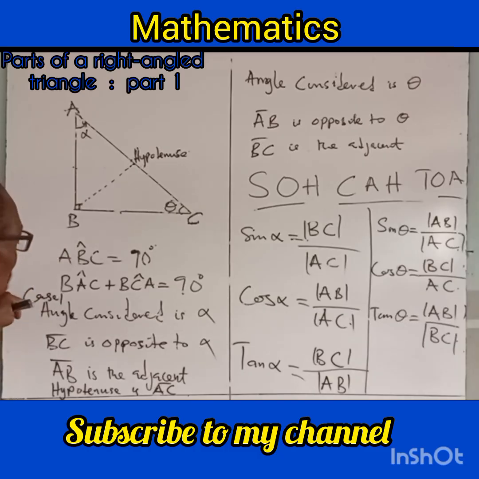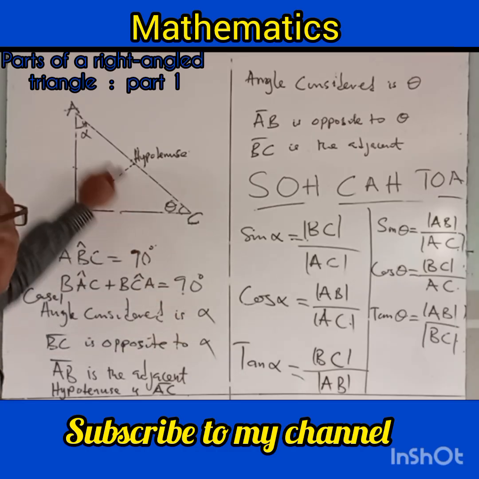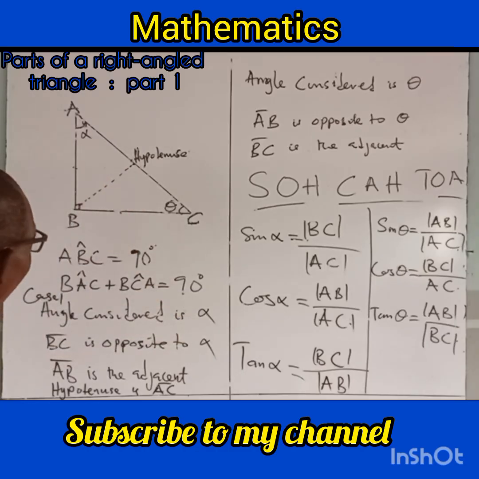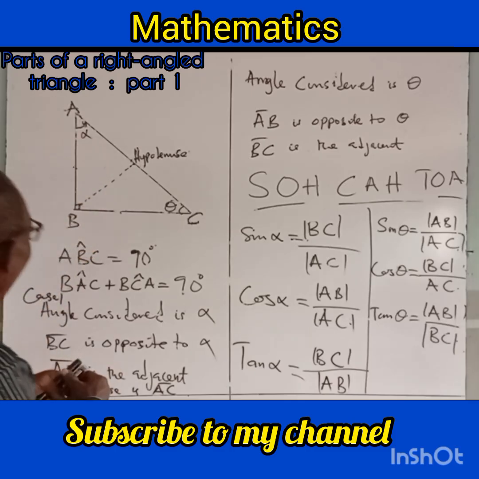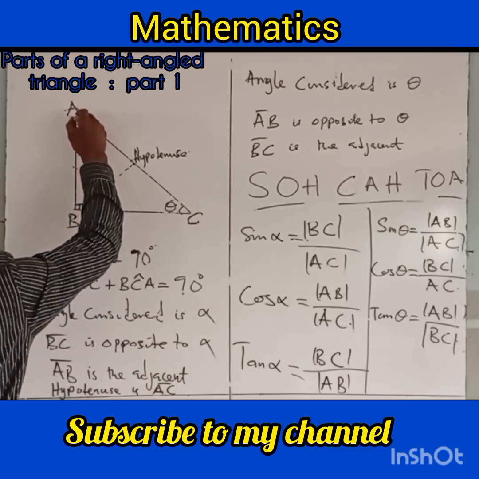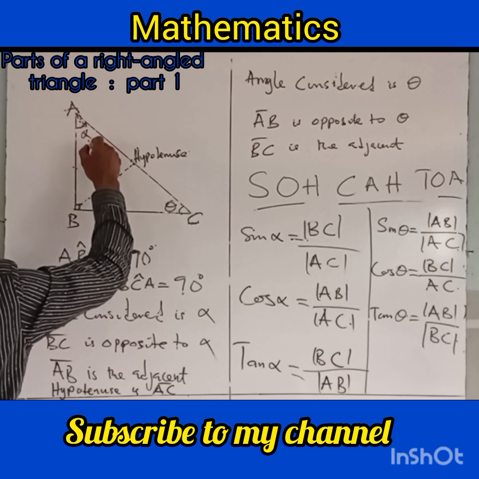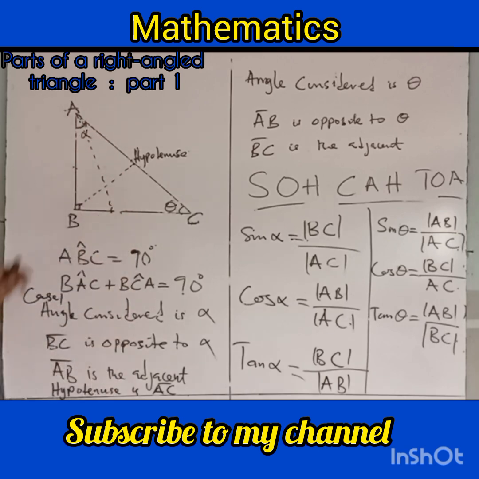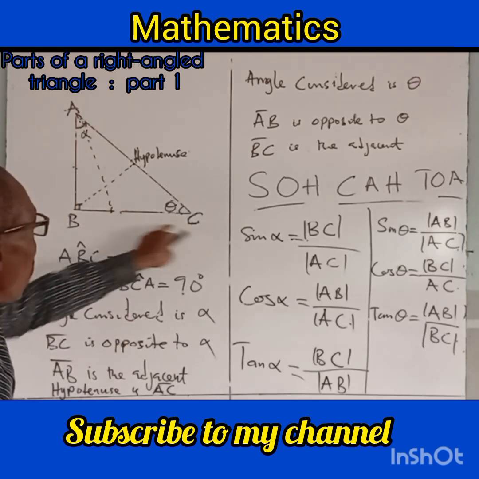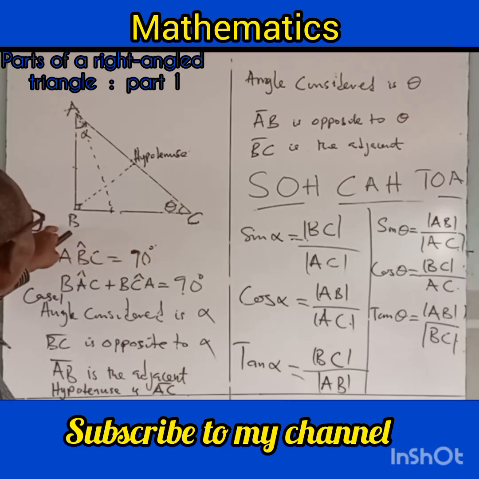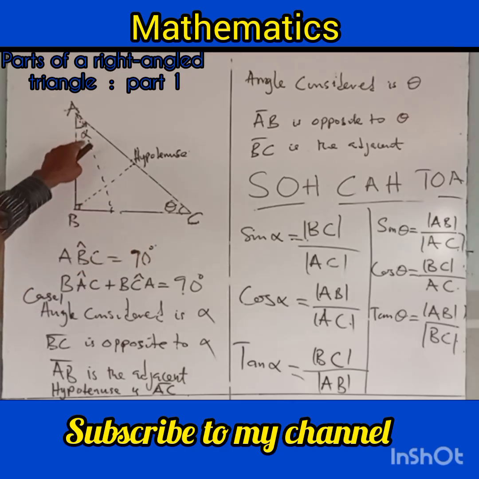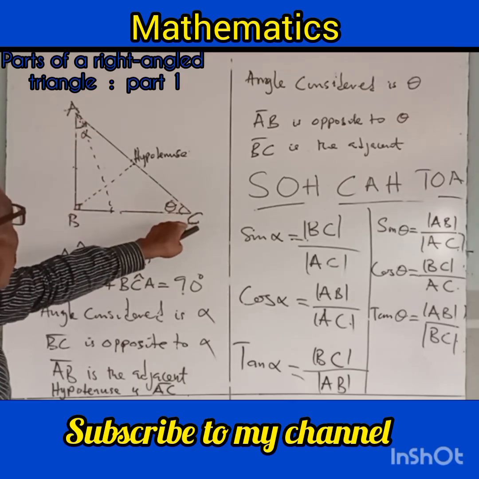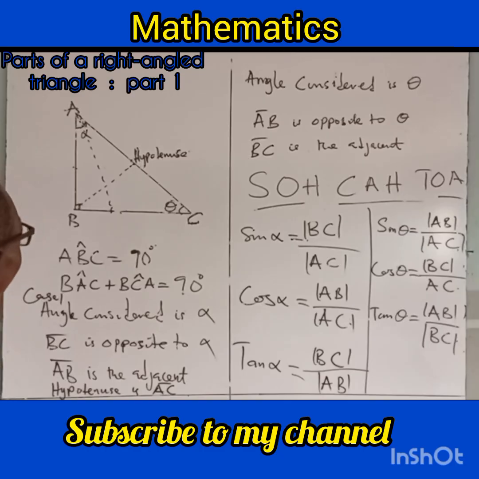We are going to have two cases. In case one, we are going to be considering angle alpha and the side that is directly facing alpha, let me trace it out. When I draw a line from alpha, you can see it is touching side BC. That BC becomes the opposite to alpha. So opposite to alpha is BC, that's how to identify it.